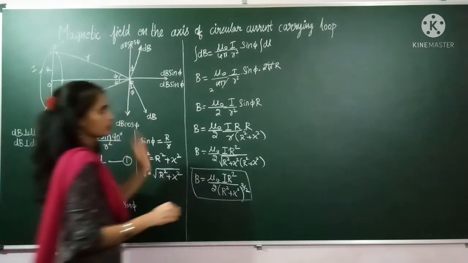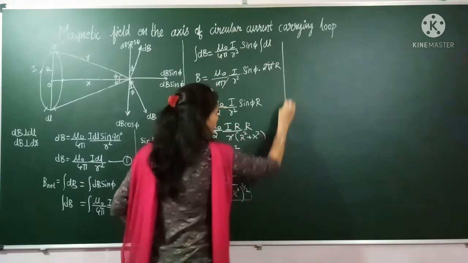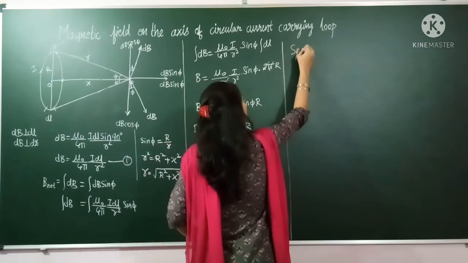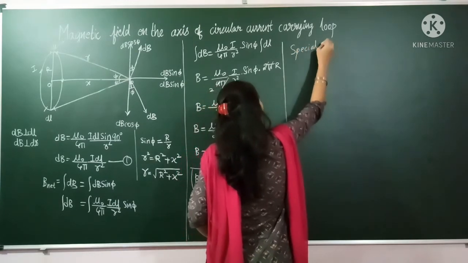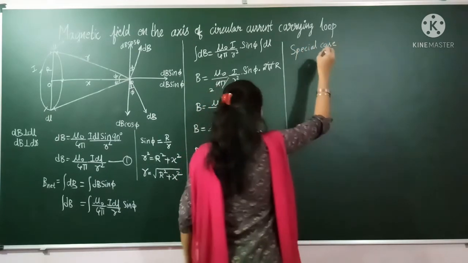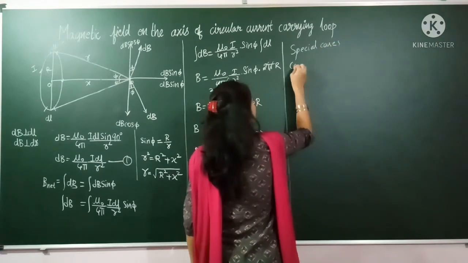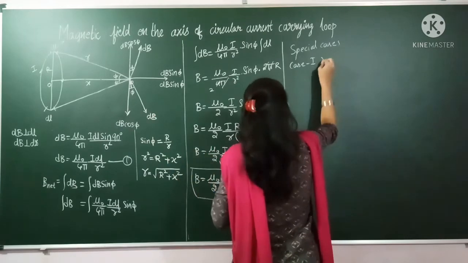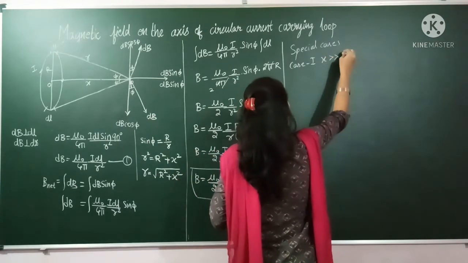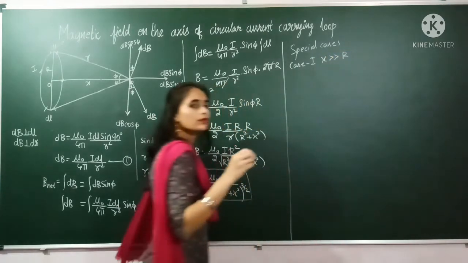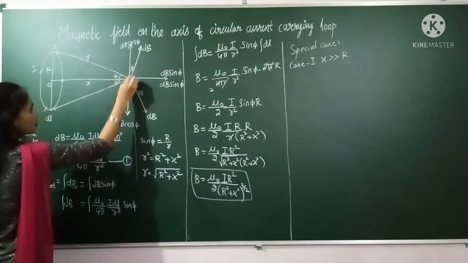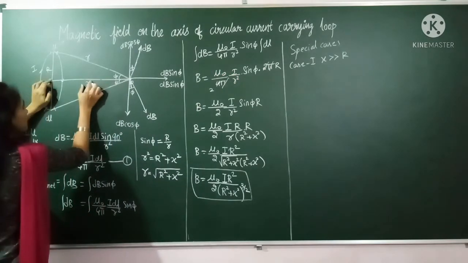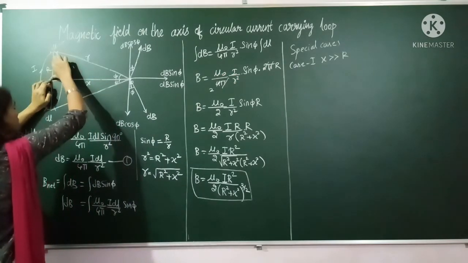Now we will take the special cases, first case and second case. In case 1, x is very much greater than R. What is the meaning of that? This point P is placed at a very large distance, so this x value is very large as compared to the radius of this loop.